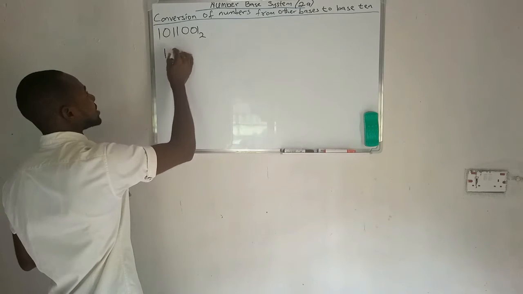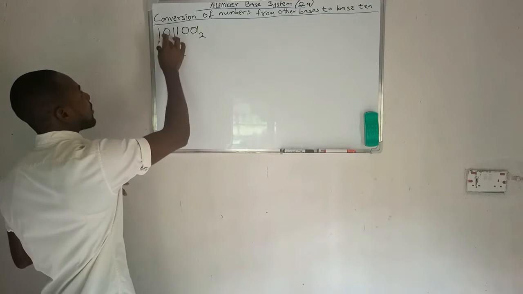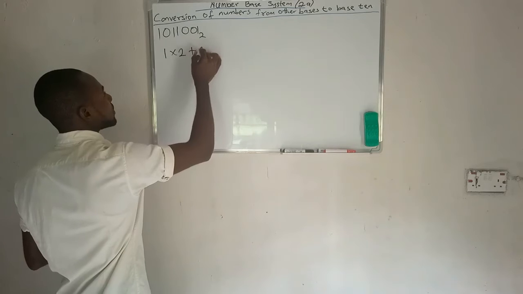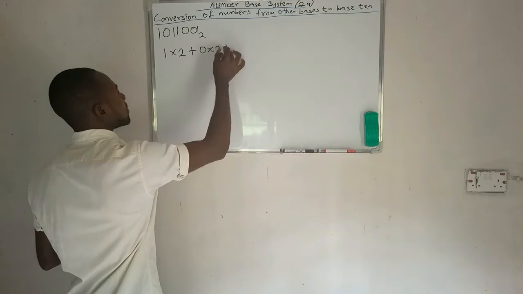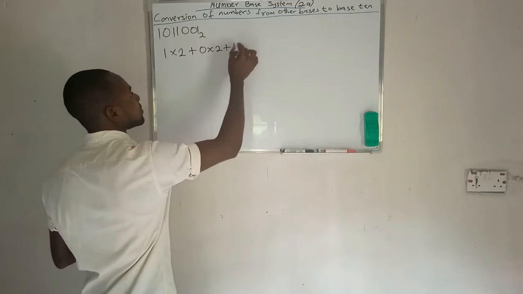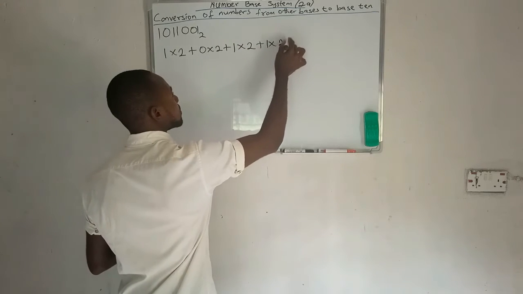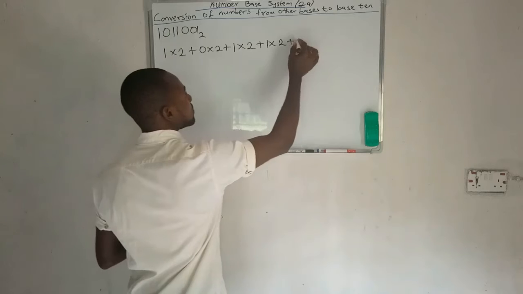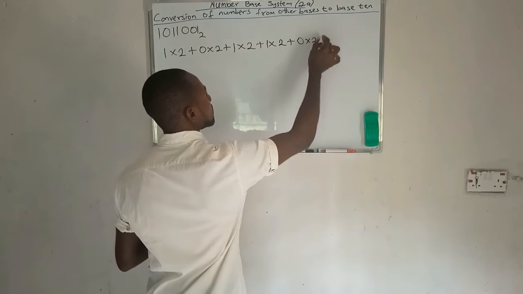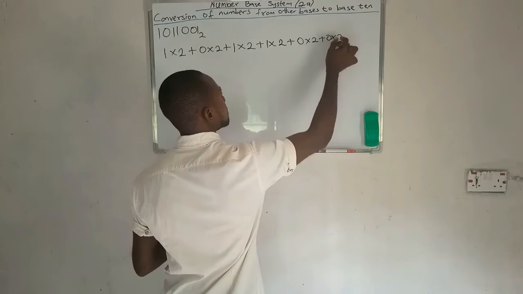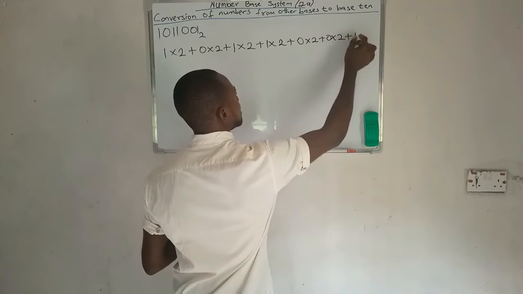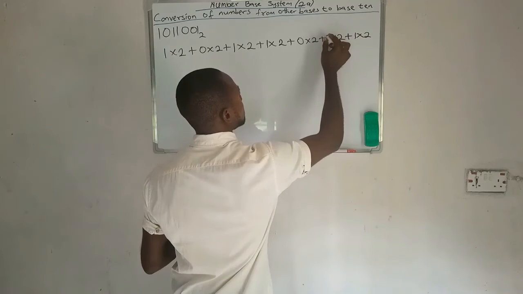We'll have 1 times 2, plus 0 times 2, plus 1 times 2, plus 1 times 2, plus 0 times 2, plus 0 times 2, then plus 1 times 2.